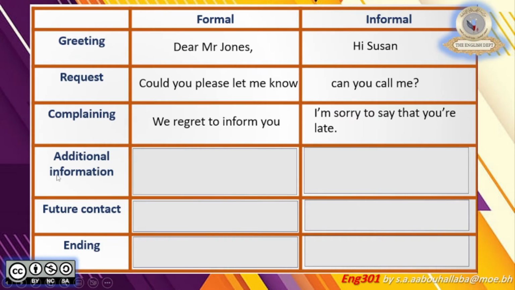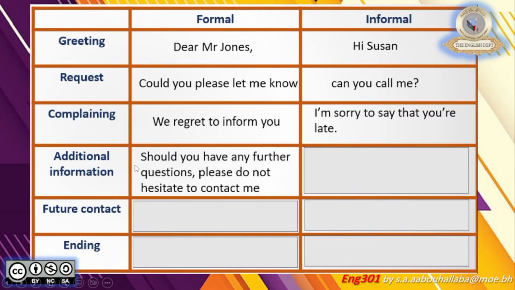Well, if you want to give any additional information, you can do that formally, like, should you have any further questions, please do not hesitate to contact me. You see how long it is and how formal it is. But here, any problems or queries, just let me know. You get it? So it is like this. This is the simplest way. This is the more sophisticated way.